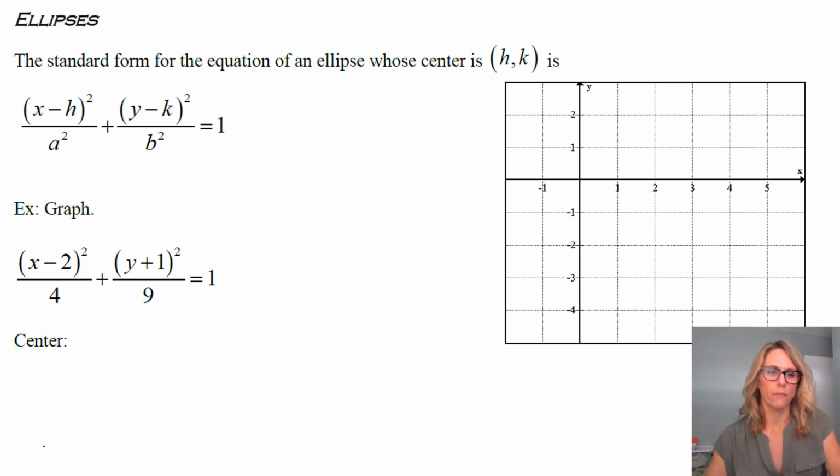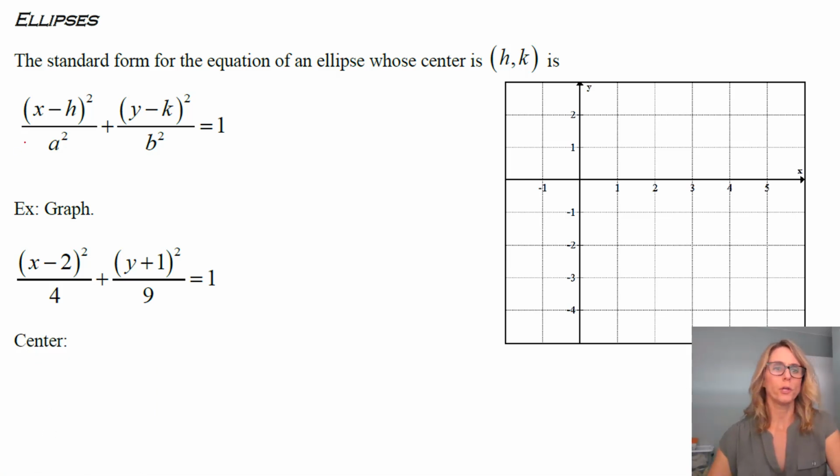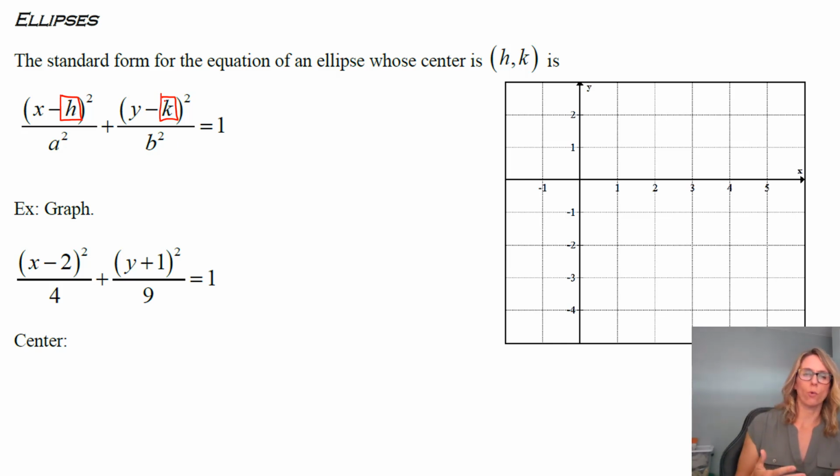Okay, now we have an ellipse, and I want you to notice that the only thing that is different is the center. So it makes doing the ellipse fairly straightforward because you just have to know where the center is, and then you can use your A and your B to find from the center how far we are going vertically and how far we are going horizontally for the ellipse.